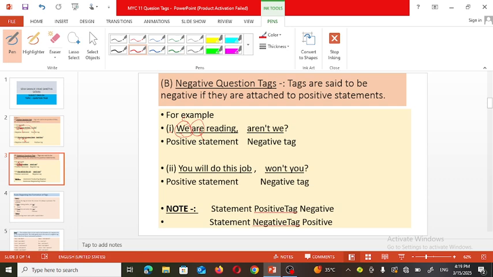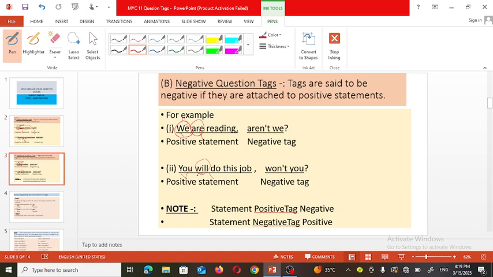Now see another example. You will do this job. As you can see, it is a positive statement. So definitely the tag will be negative. So how will it be? Will is used here, and after that you is there. So will not you.